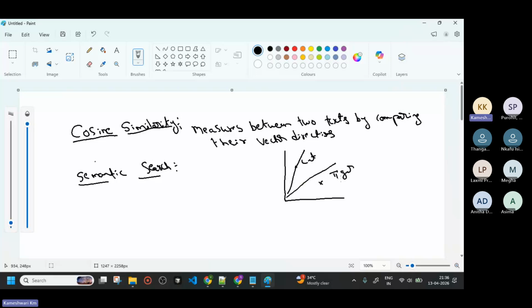In the vector embeddings, the word has some numbers, like 1, 2, 3, 4. When the tokens are converted into vectors, you get numbers generated. Then we have algorithms, and one of them is cosine similarity. By using this, it checks the nearest one, which is, say, cat is related to tiger.